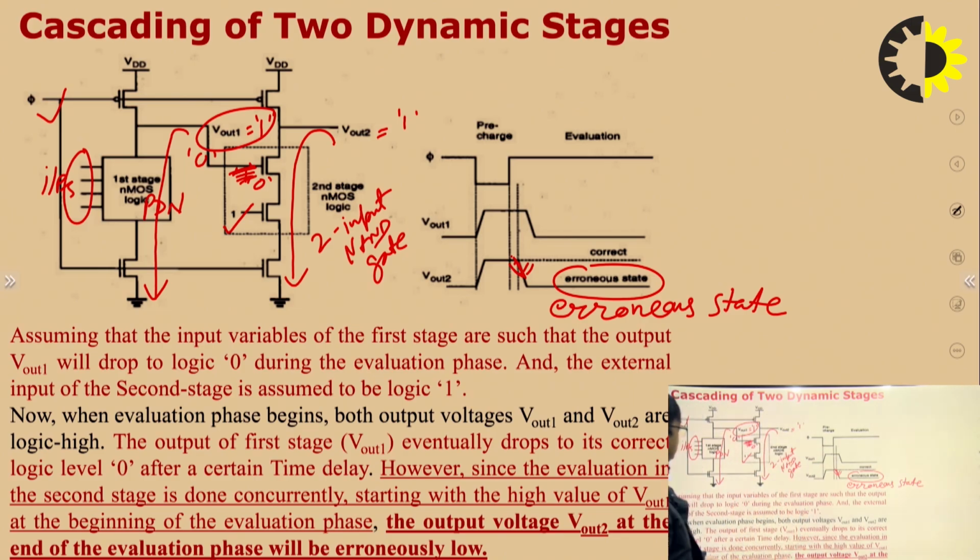And this erroneous state at the second stage output leads to failed circuits. So that is a very crucial problem that occurs in VLSI circuits due to direct cascading of dynamic stages.